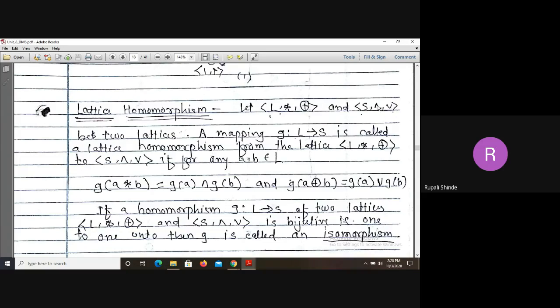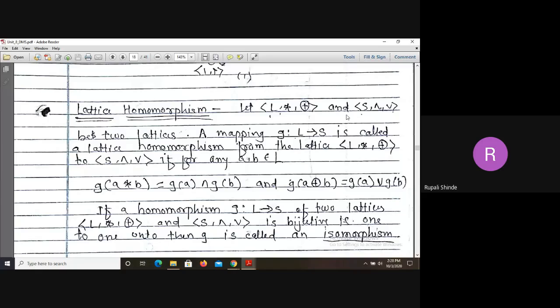Because this AND operation is associated with this star operation. Star and AND mean the same thing. That's why we have to take this second operation from the second lattice, because this is similar to the star operation. So we can write g of A star B is equal to g of A and g of B.